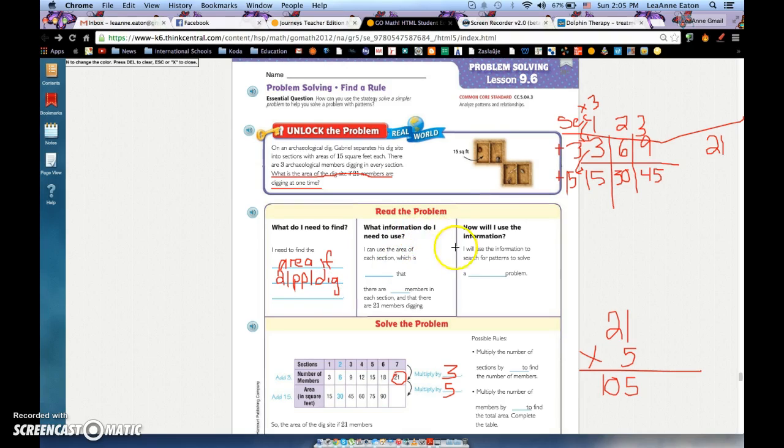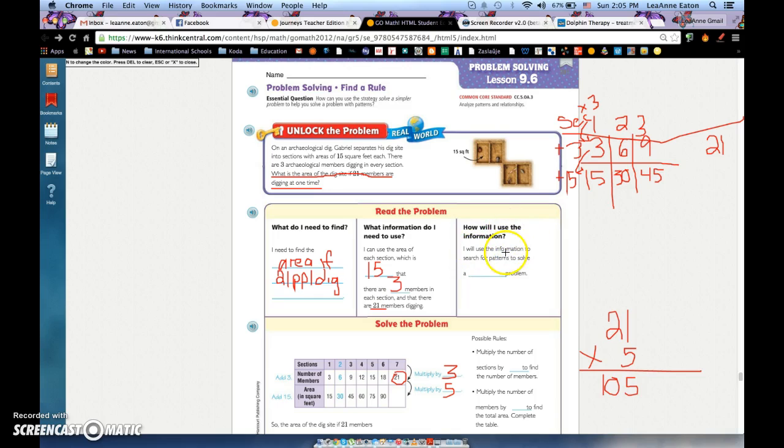What information do we use? We're using the area of each section, that is blank, and that there are blank members in each section. So what's the area of each section? Yes, 15. And how many members are in each 15 area section? 3. Okay. And that there are 21 members digging. So we know we have 21.